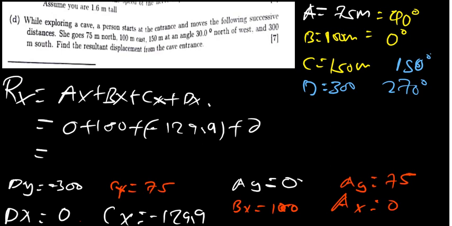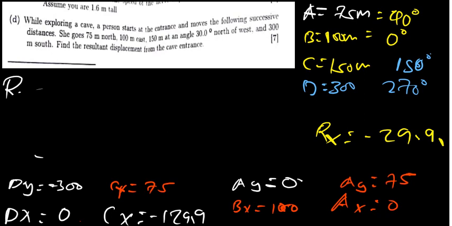So what will be our rx? -29.9. Negative 29.9. Perfect. We go to the next one. And you need to be very much careful. In physics you are going to discover it's very simple and you are going to finish fast, but you need to be very careful with the signs. Just simple signs. They can kill you, please.